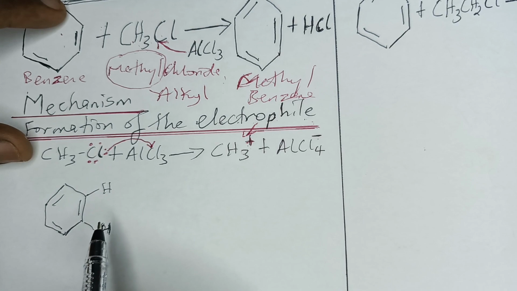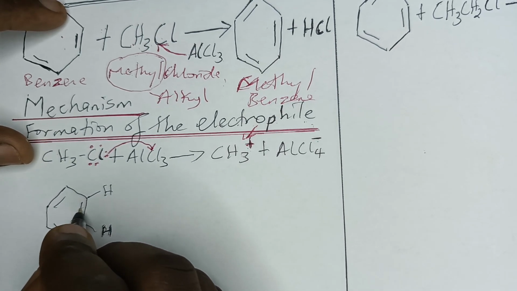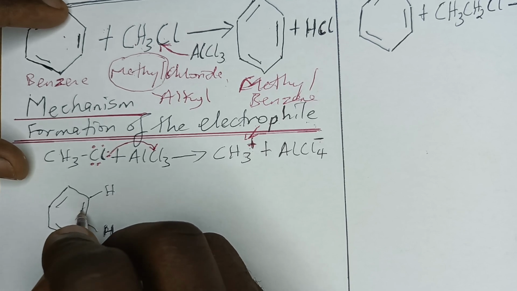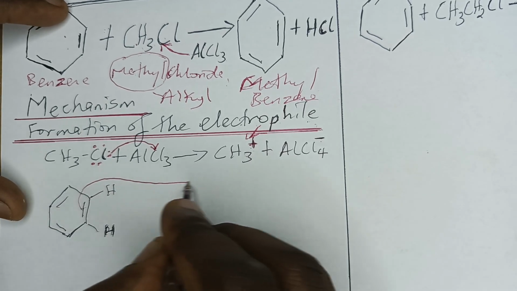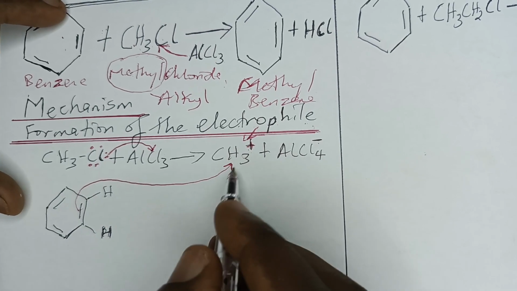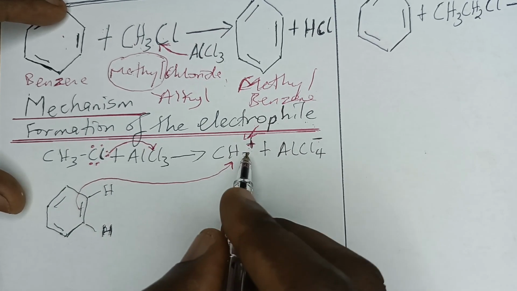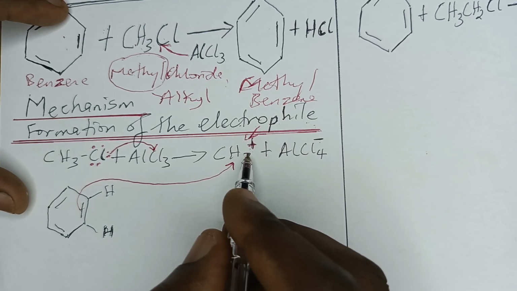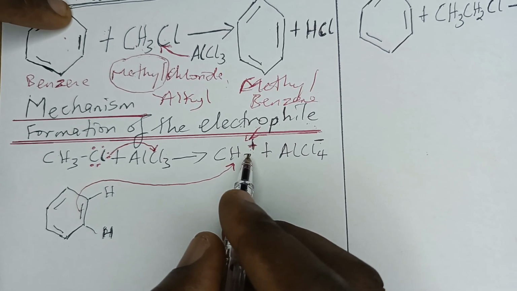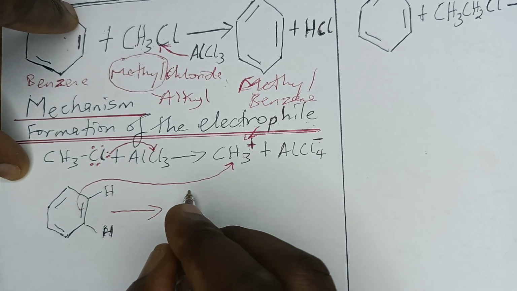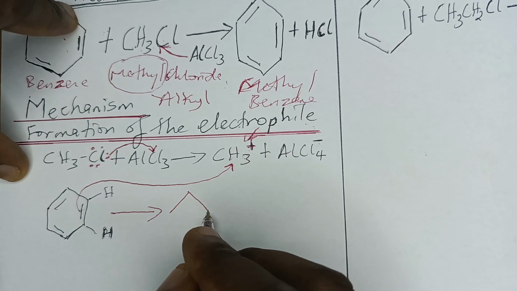What happens is that we move this electron, because this pi bond is an electron source. It moves to attack this electrophile, because this is an electron lover. When it attacks it, it gives us another structure, something like this.